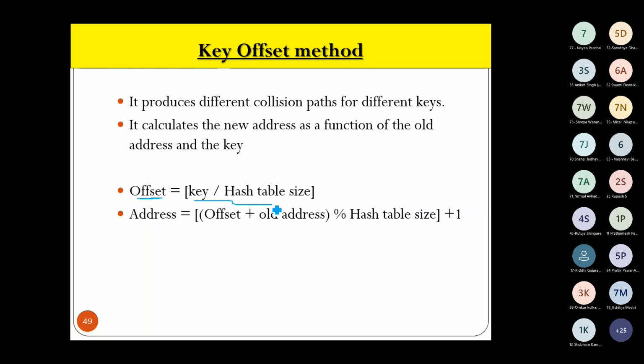And that offset will be added to the old address. Old address means which address? The address at which the collision has occurred. On the address where the collision has occurred, what to do? Offset will be added, mod the size of the table, plus 1 will be done.